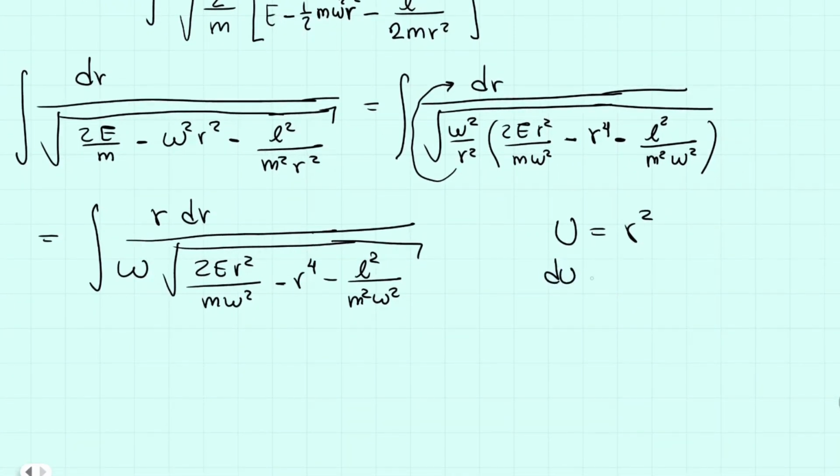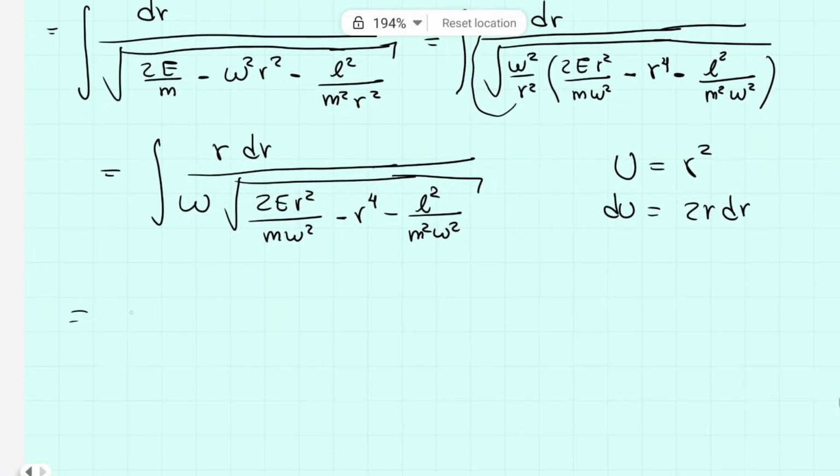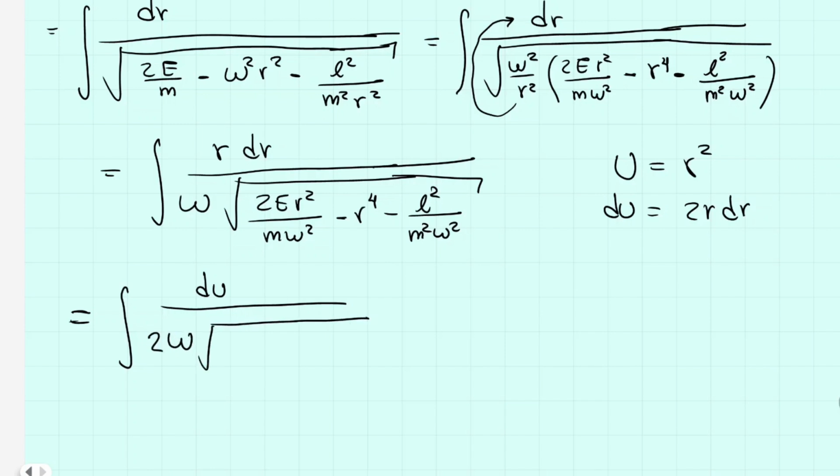So that means that du is going to be 2r dr. If we make this change of variable on the integral, we are going to get the integral of du over 2 omega times the square root of 2Eu over m omega squared minus u squared minus L squared over m squared omega squared.